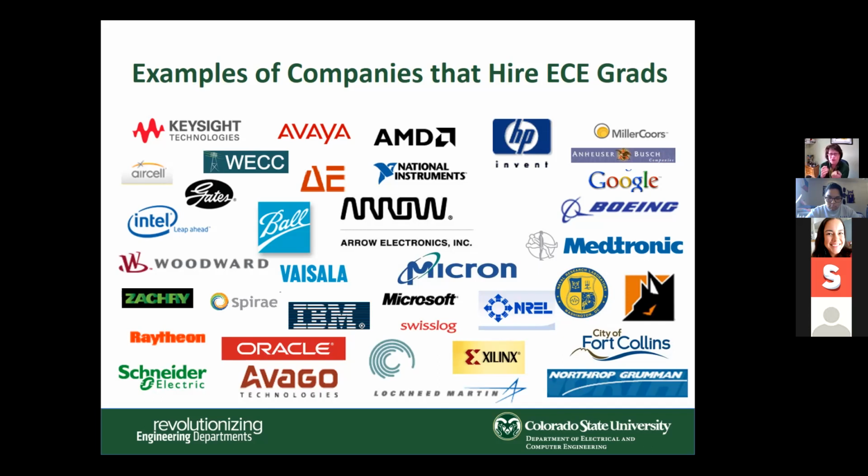So they also inform us of trends that are happening in industry. They hire our students for internships, and then they recruit them as future employees. So again, these are companies that are all up and down the Front Range, and we have representatives sitting on the Industrial Advisory Board who are incredibly valuable to our department.